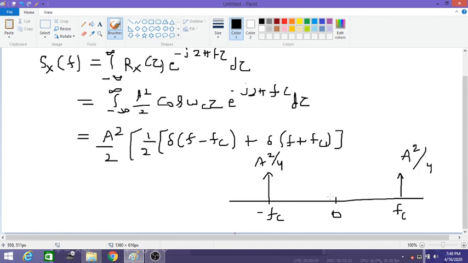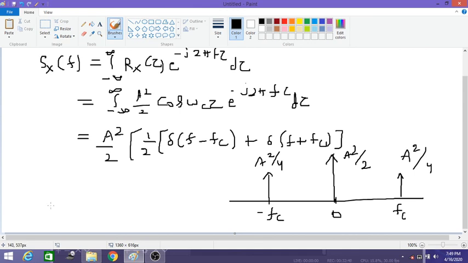If fc is equal to 0 in this case, then the 2 get cancelled, so we will get the magnitude as a square by 2.